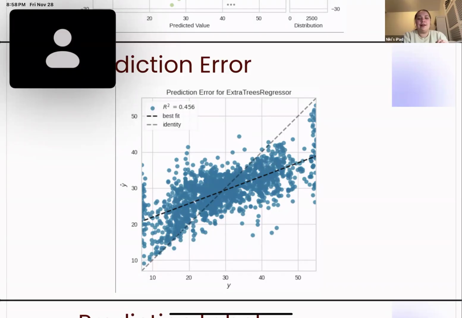The darker solid line is the line of best fit for my model. As you can see, the points roughly follow an upward trend, confirming that higher scores tend to get higher predicted scores, but there's still noticeable scatter, which reflects what was shown in the previous slide, where the R squared is 0.46.